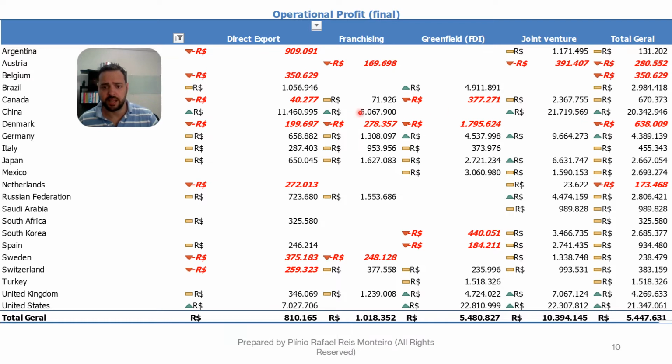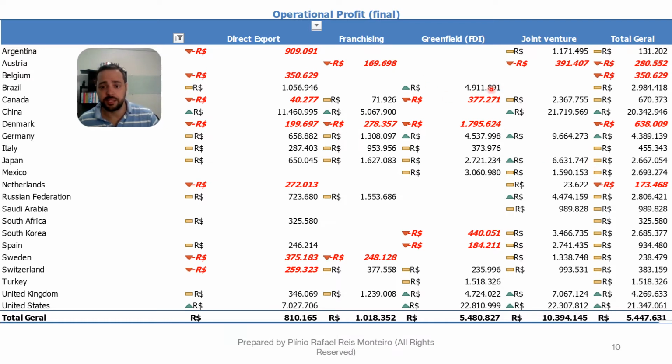But as you can see, there are other types of decisions. For instance, in China, you achieve a higher profit in general, on average. Students achieved higher profit using the joint venture for China and for other countries.